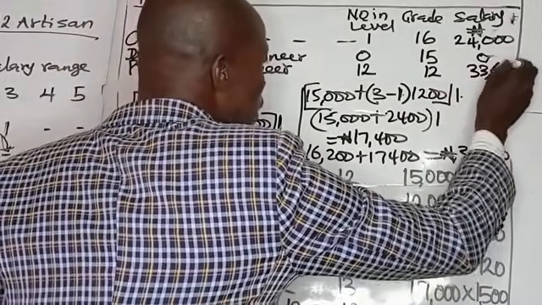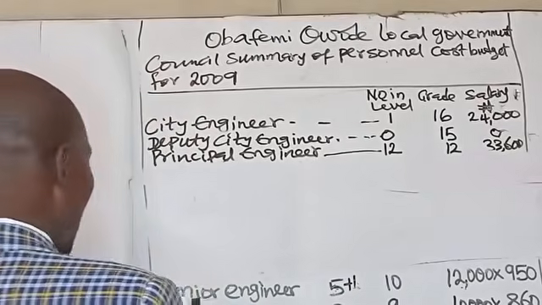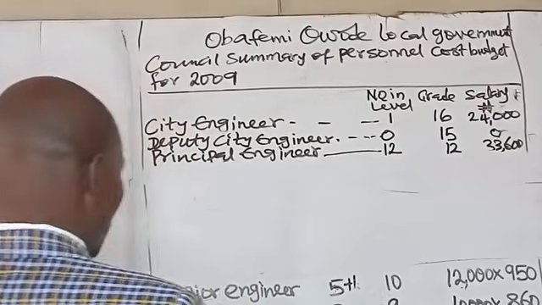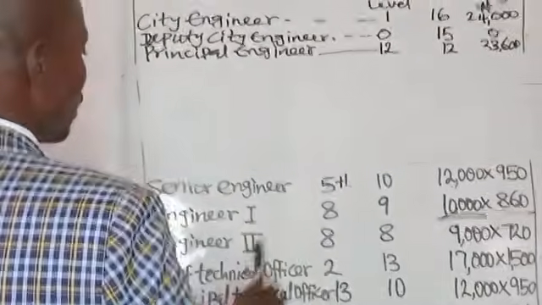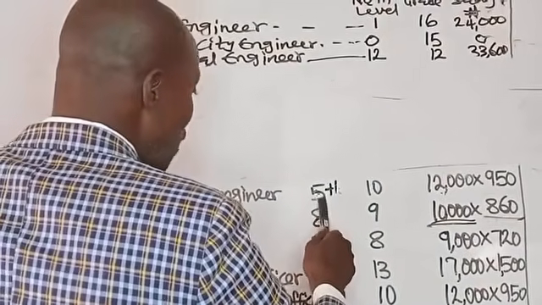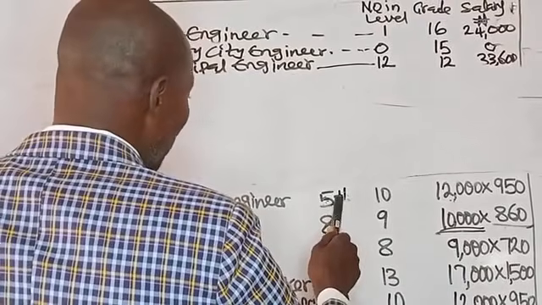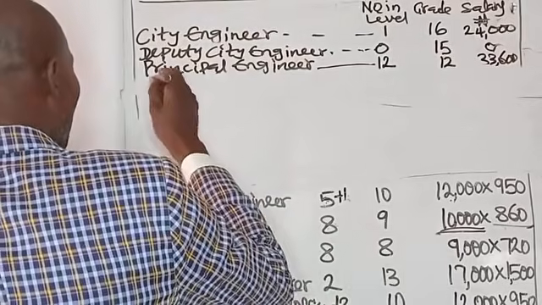After principal engineer, the next salary scale of grade level is grade level 10. In grade level 10, we have senior engineer. We have 5 who were in that position before, and 1 new person was employed, making 6.